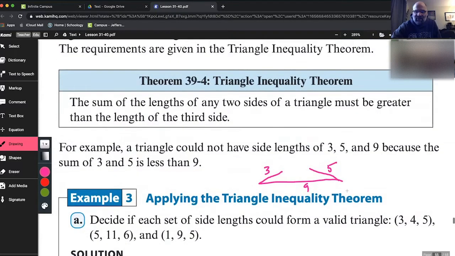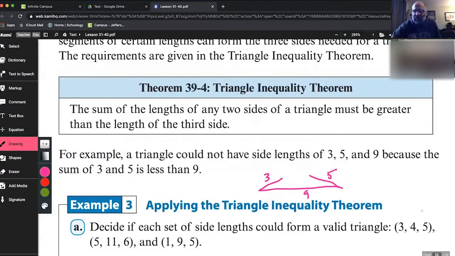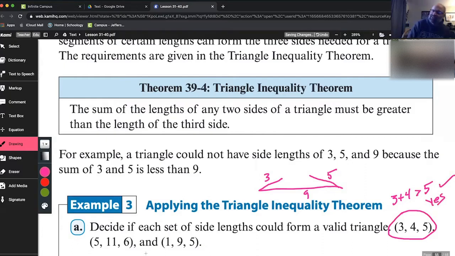All right, see if these are triangles. Well, we already know a 3, 4, 5 is a triangle, right? That's a right triangle. And if you look at the 2 smaller sides, 3 plus 4 is greater than 5. So yes, it's a triangle. Okay, what about 5, 11, and 6? Is that a triangle?